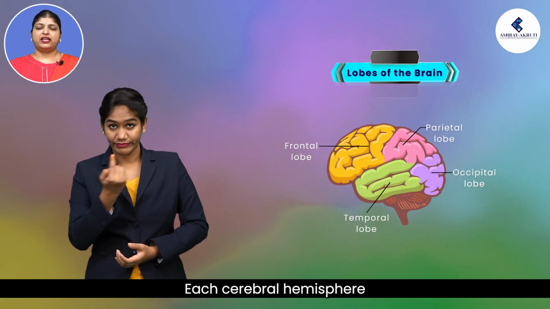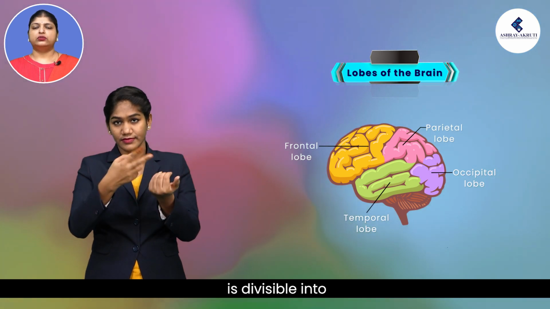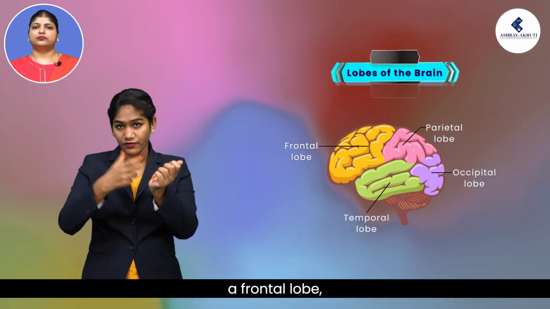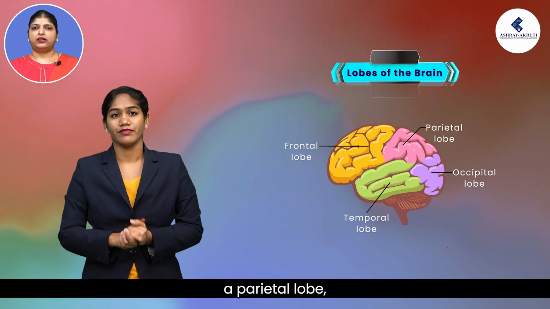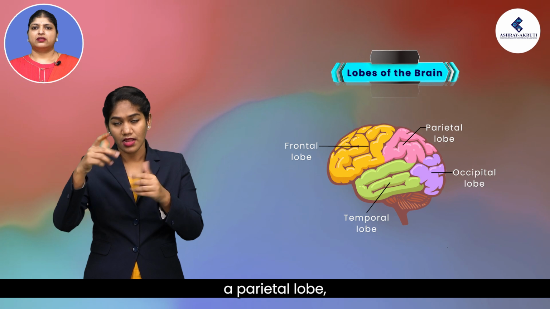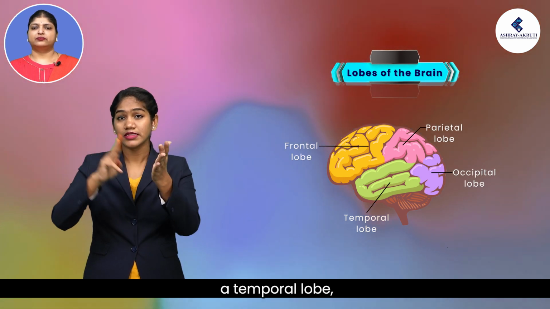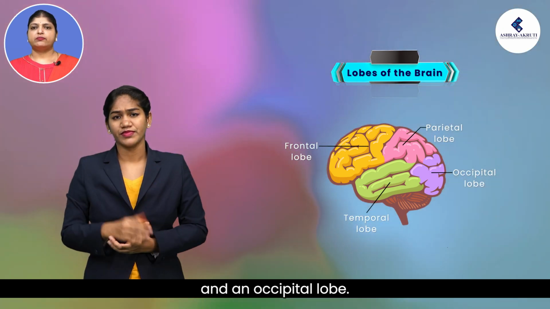Each cerebral hemisphere is divisible into a frontal lobe, a parietal lobe, a temporal lobe, and an occipital lobe.